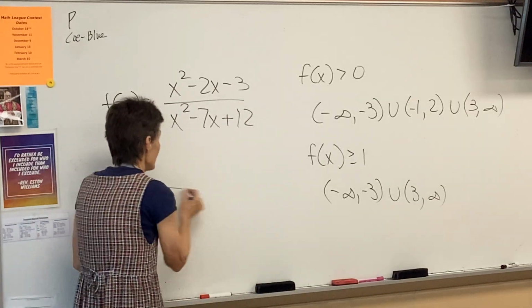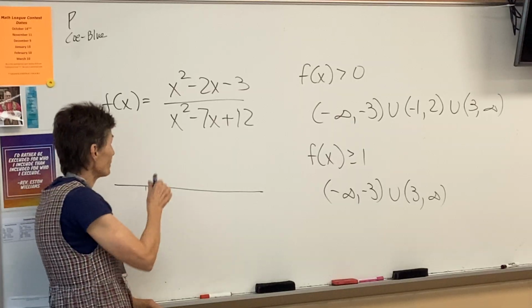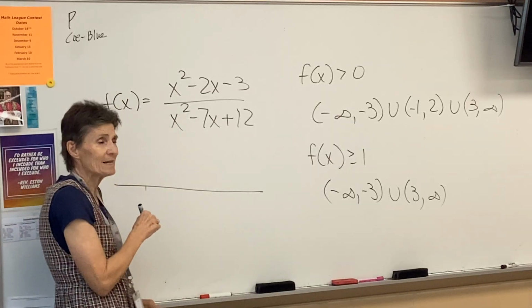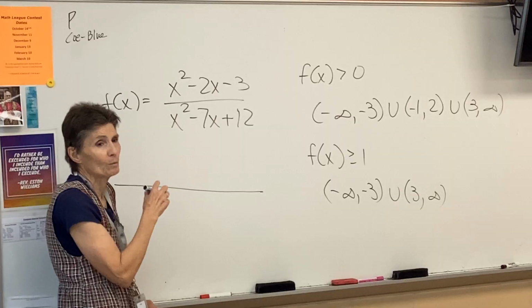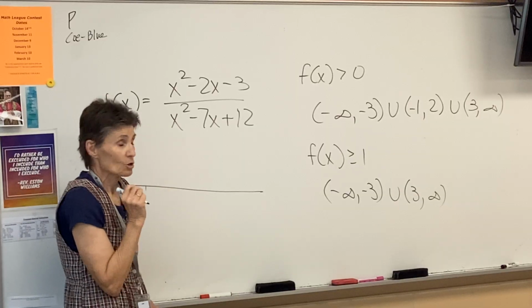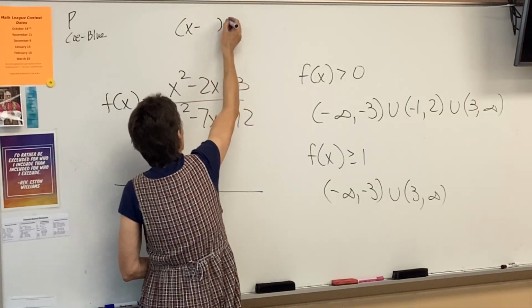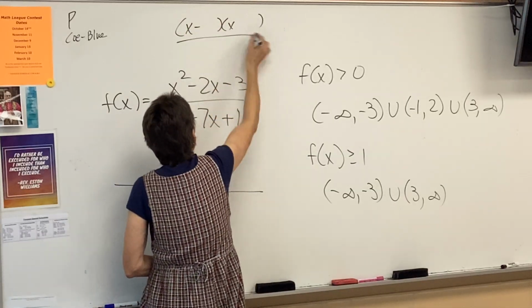So we're going to put it on a number line and figure out where to shade. So what was the first thing we did yesterday? We didn't have one exactly like this, but we had one where we had to start by factoring. So we're going to factor it. Now, look what happens when I factor this.